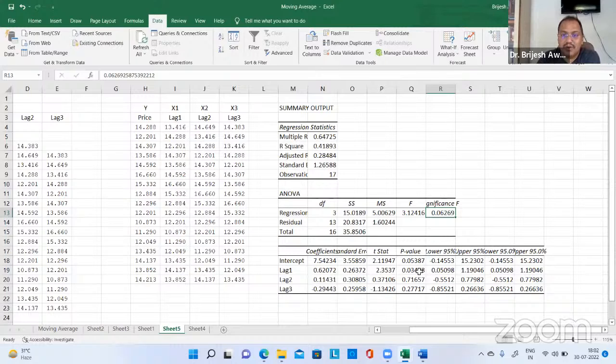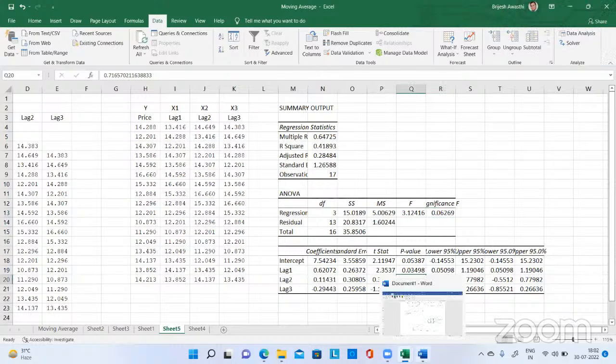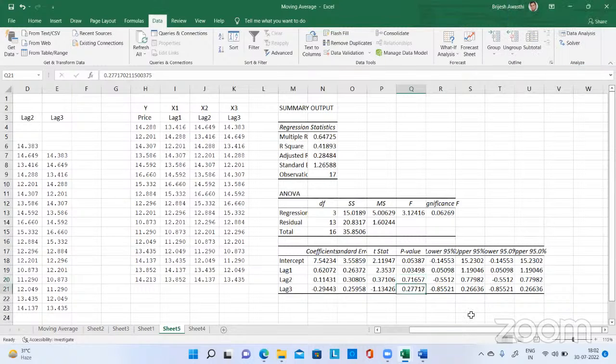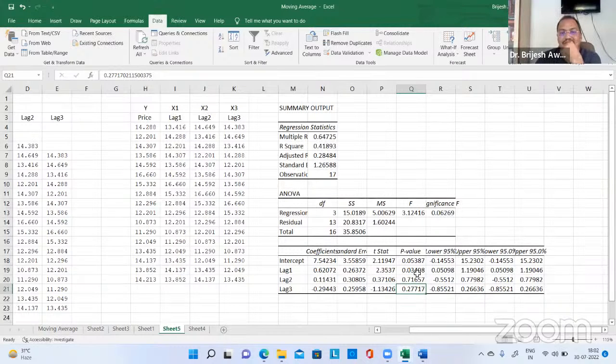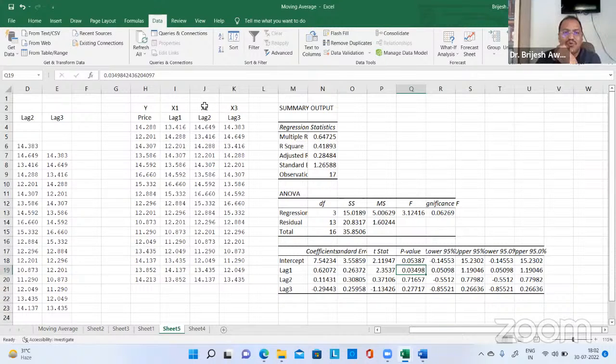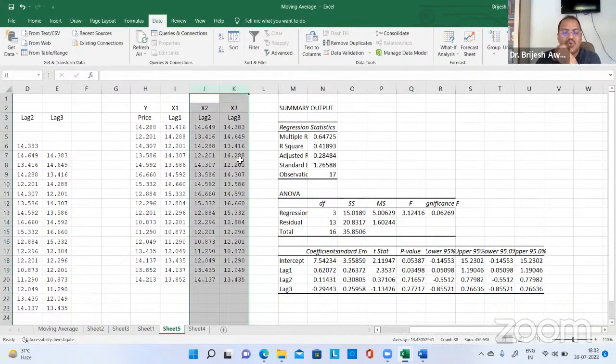What is the p-value of this? 0.03. No, I'm talking about the second, 0.71. Again, not significant. 0.2, it is also not significant. Only one value, leg 1, is significant. So we have to remove leg 2 and leg 3.